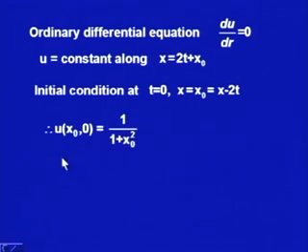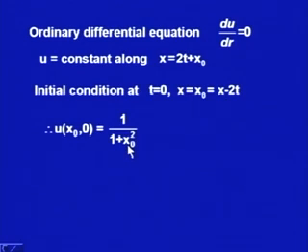So, what will be my solution? My solution u(x naught, 0) should be f of x naught. F of x, if you do remember, we had our initial condition as 1 upon 1 plus x square. So, at t is equal to 0, x is x naught along this curve.